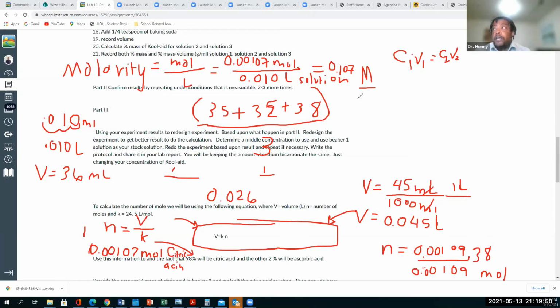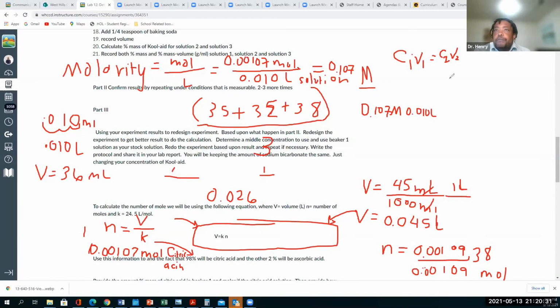So our C1 in this case would be our concentration here, 0.107 molar. The volume is the total volume that we had, which was 10 milliliters. We could use 10 milliliters, or we could use 0.010 liters. So let's go ahead and use 0.010 liters.